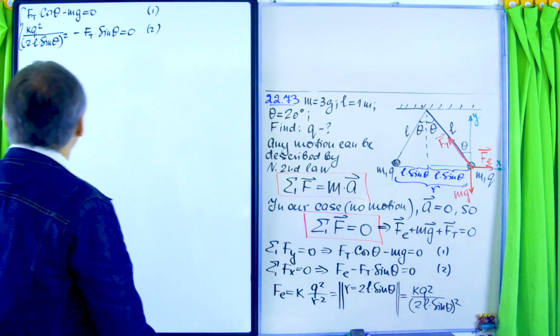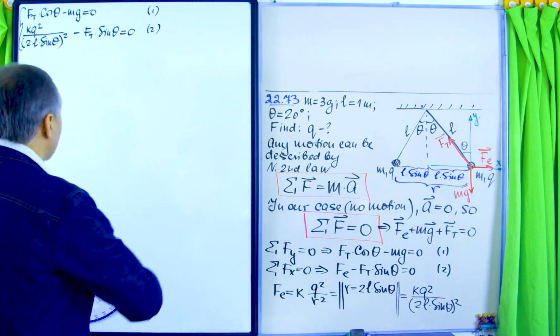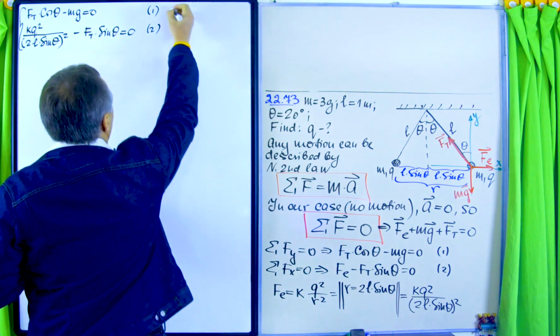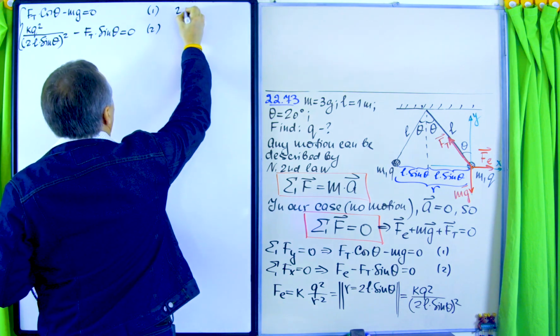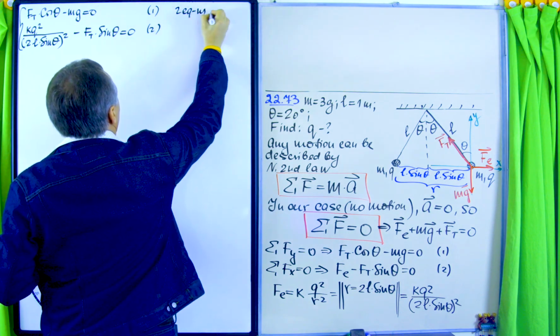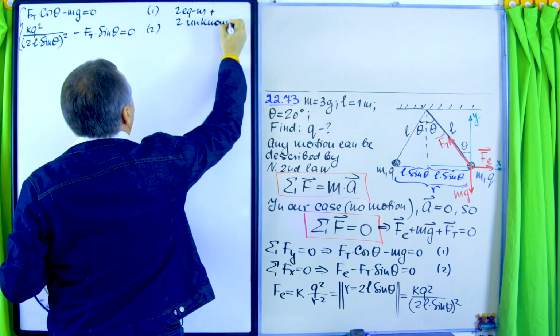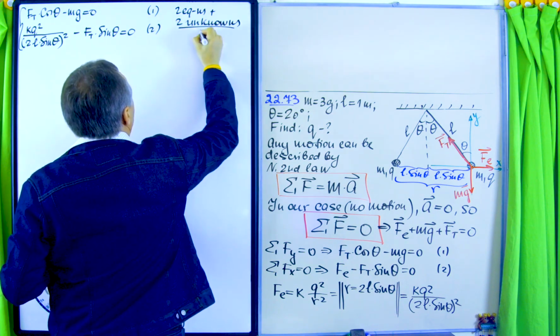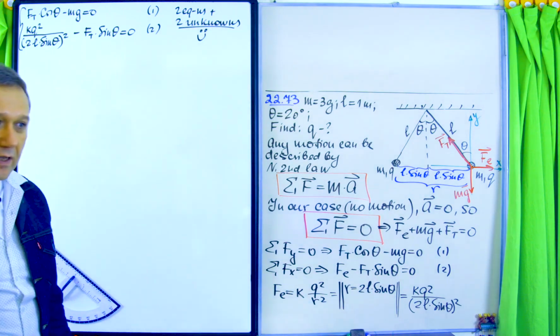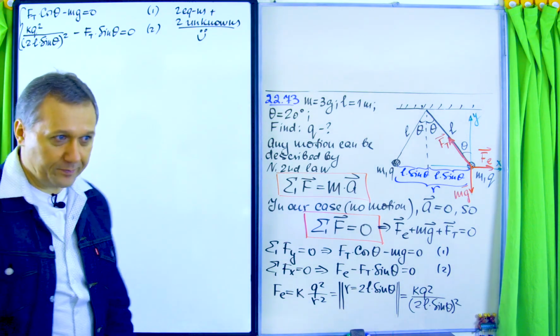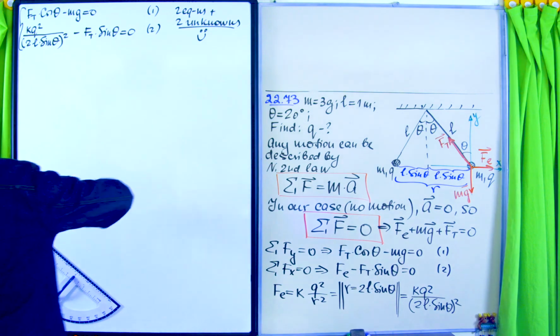Okay, let me write that down. So we have two equations plus two unknowns, and that is great. Basically after this it is just algebra. So let's see what can be done.